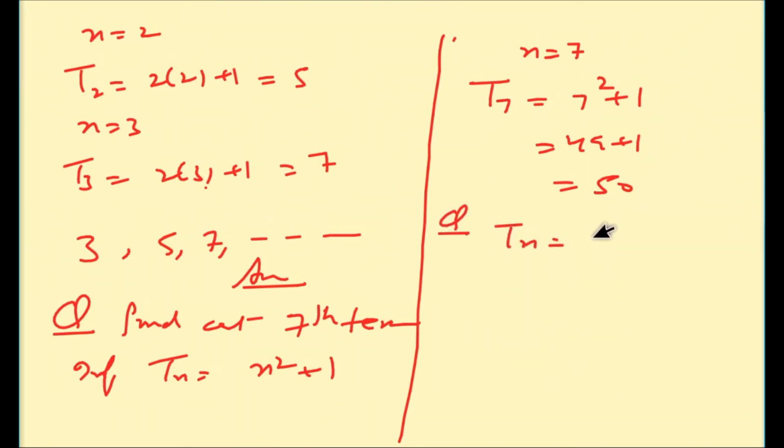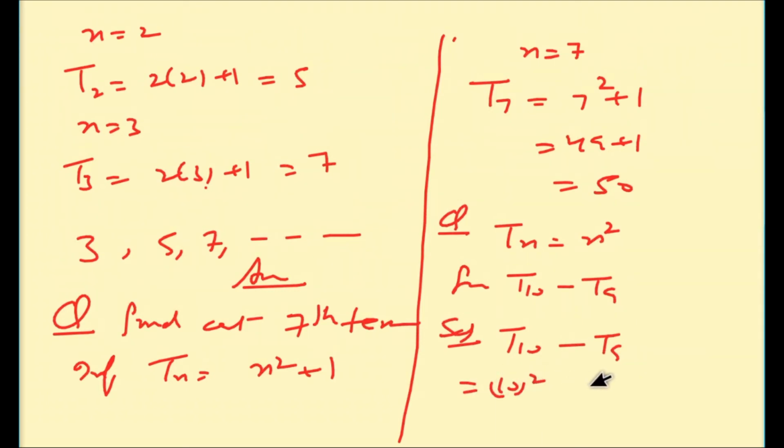Let Tn equal n square, then find T10 minus T9. So the solution is T10 minus T9 equals 10 square minus 9 square. We are putting here 10 and 9. So we get 100 minus 81 is equal to 19. This is your answer.